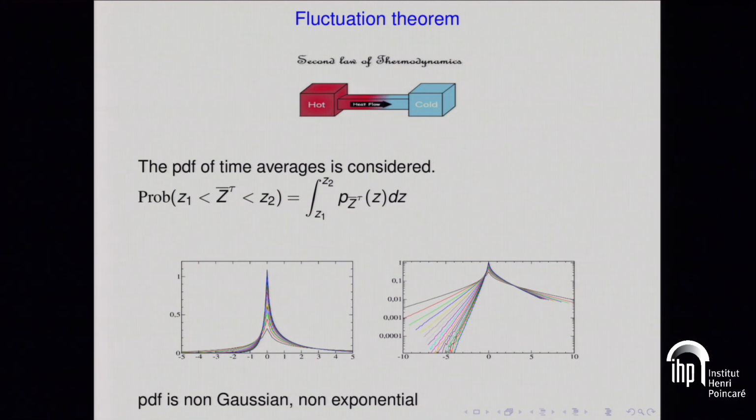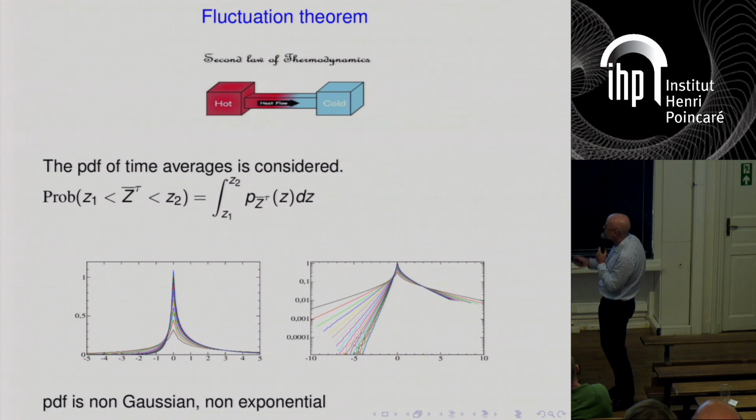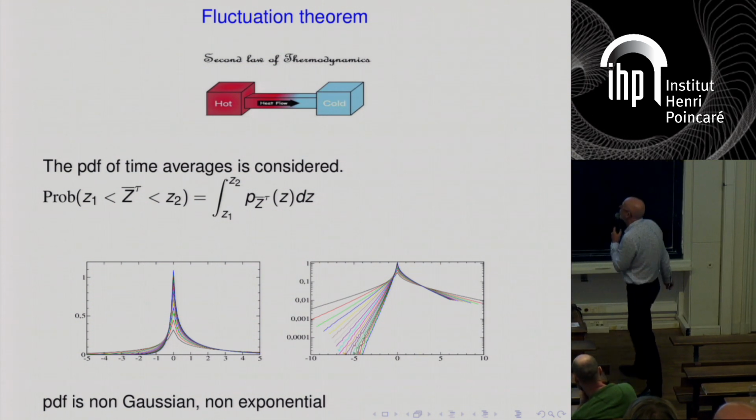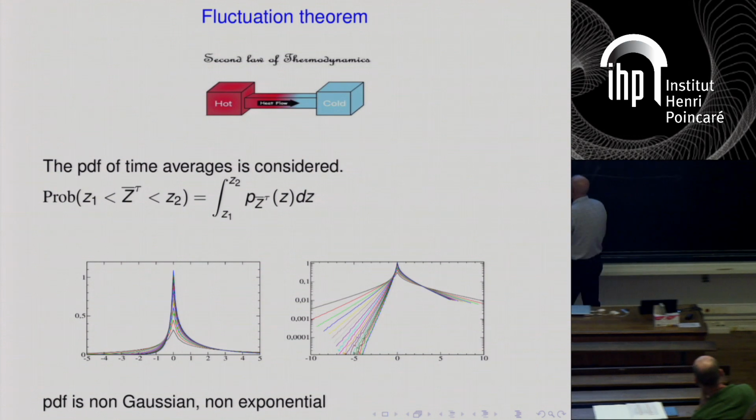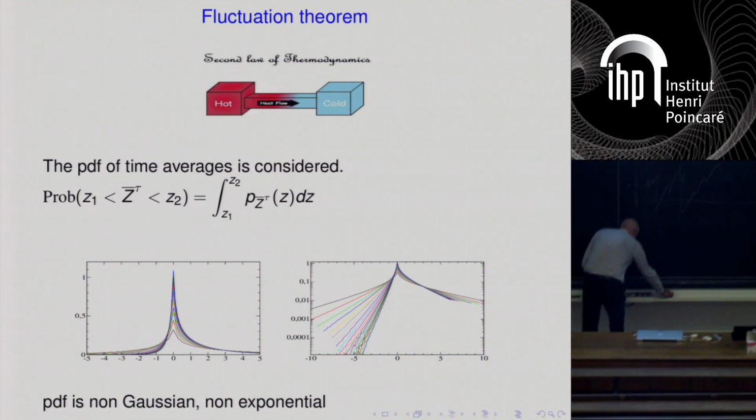To consider this fluctuation theorem, I have to plot the PDF, the probability density function, of this variable c, and this is what you see below here. The PDF is given by the black line, which is the broadest line here. Then I also look at the probability function of averages over different times.